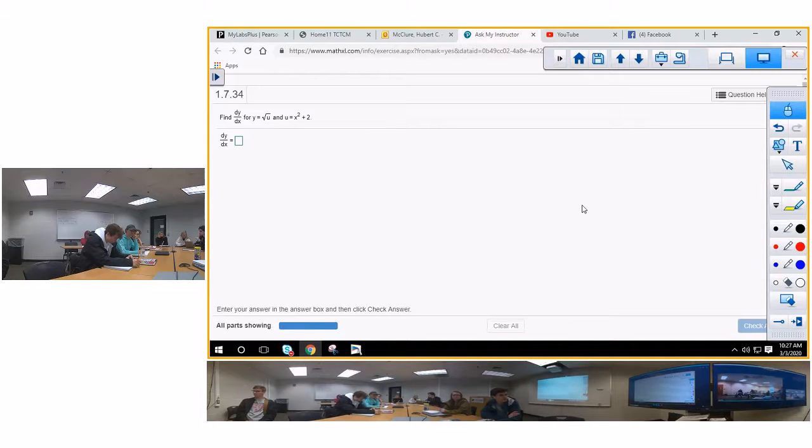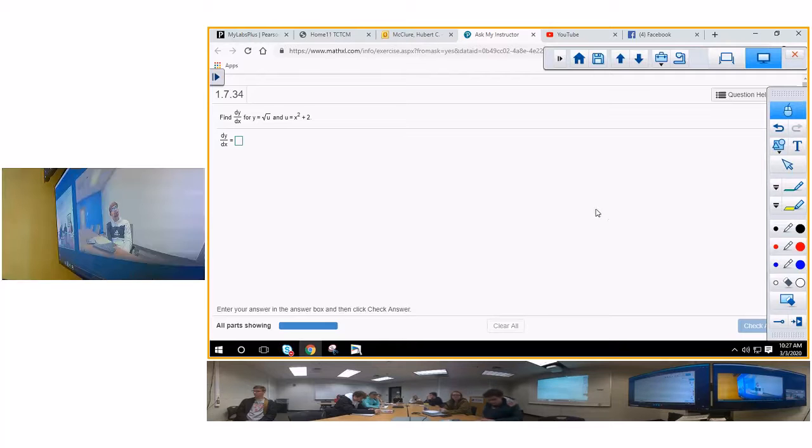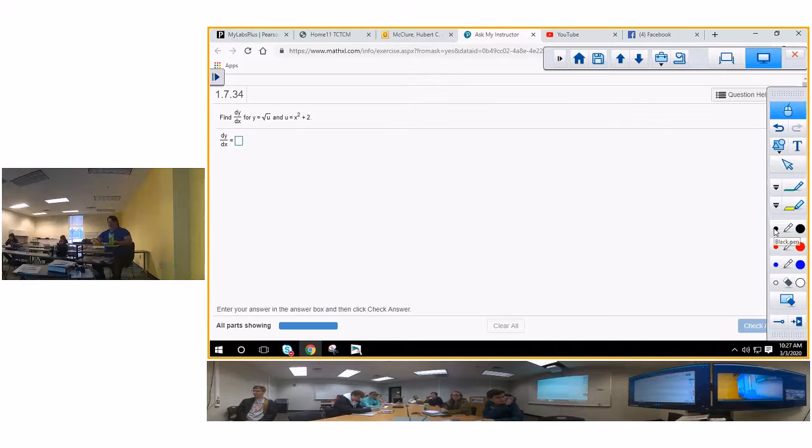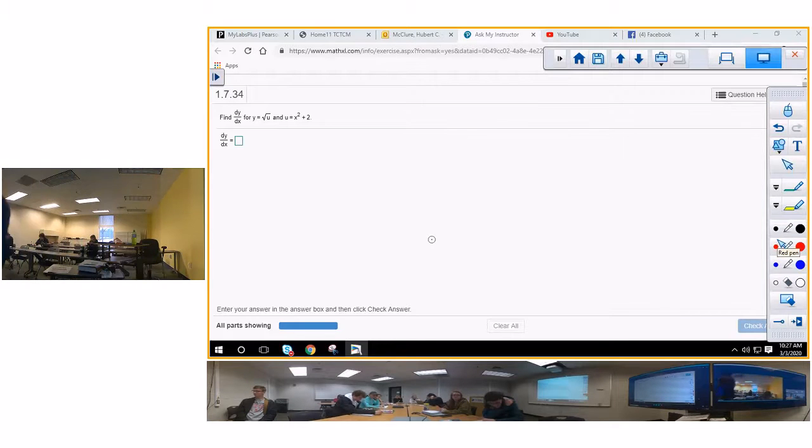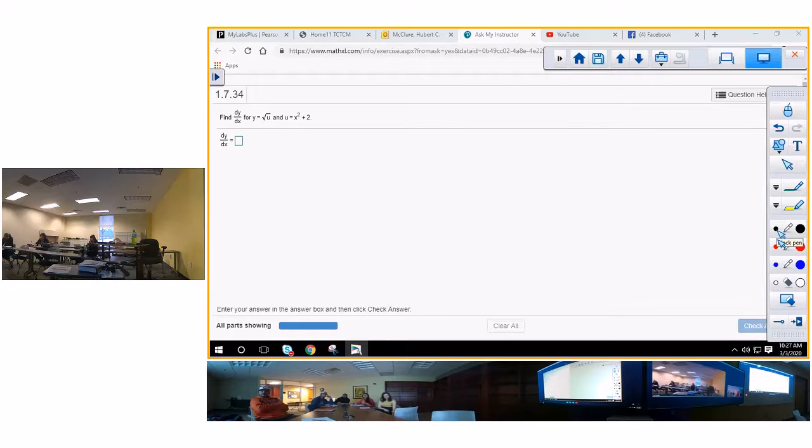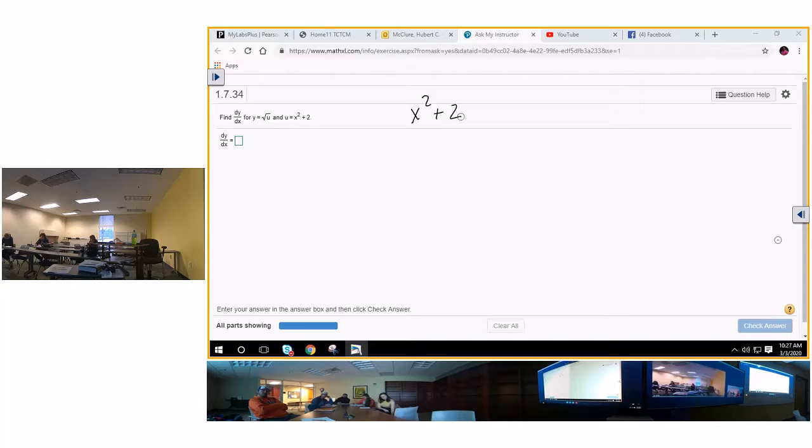They just say square root of x squared plus 2. Anyway, they want to try to confuse you on this. Just plug the u in. So that's going to be x squared plus 2 raised to the what? 1/2.